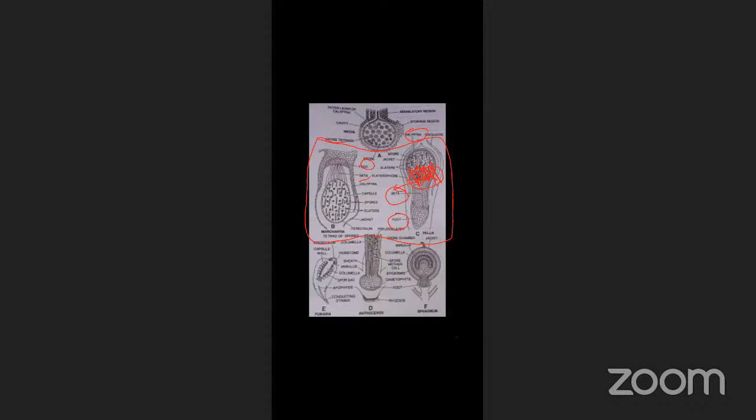Then antheridial cavity, androgonial cell, androgonial mother cell, androcytes, antherozoids. Four steps it will be.